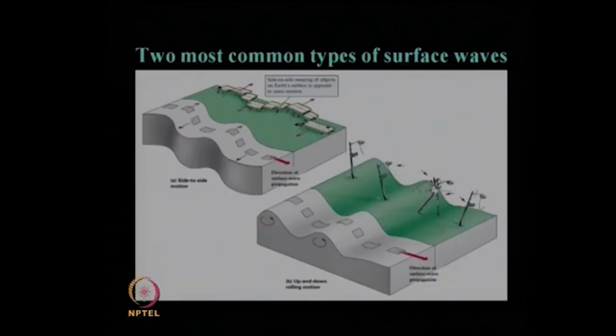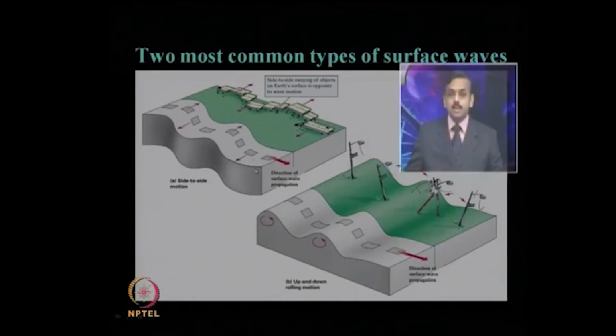Now, the two most common types of surface waves: one type of motion will be side to side motion. If you look at this picture over here, this direction shows the direction of surface wave propagation, that is, the wave travels in this direction, but the movement of the particles is perpendicular to this direction, which is similar to the S wave movement.